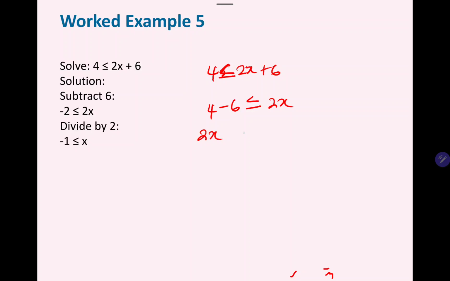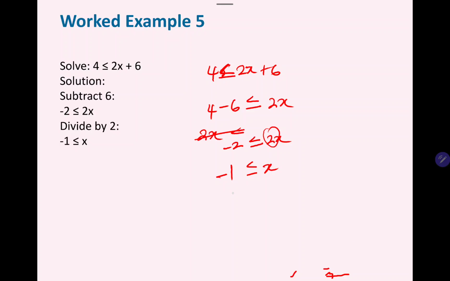So 4 minus 6 is minus 2, is less than or equal to 2x. And x now will be less than or equal to what? Minus 1. Remember, you are not dividing by a negative number here. The coefficient of x here is 2.